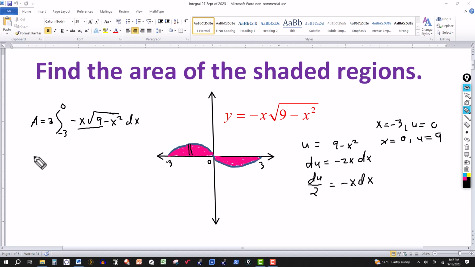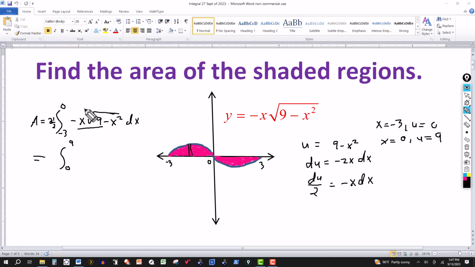So let's go back up here. Now this is going to be multiplied by 2, and then of course I have the 1/2 here from the du over 2. The 2 and the 1/2 cancel out. Then I write out the new integral from 0 to 9.